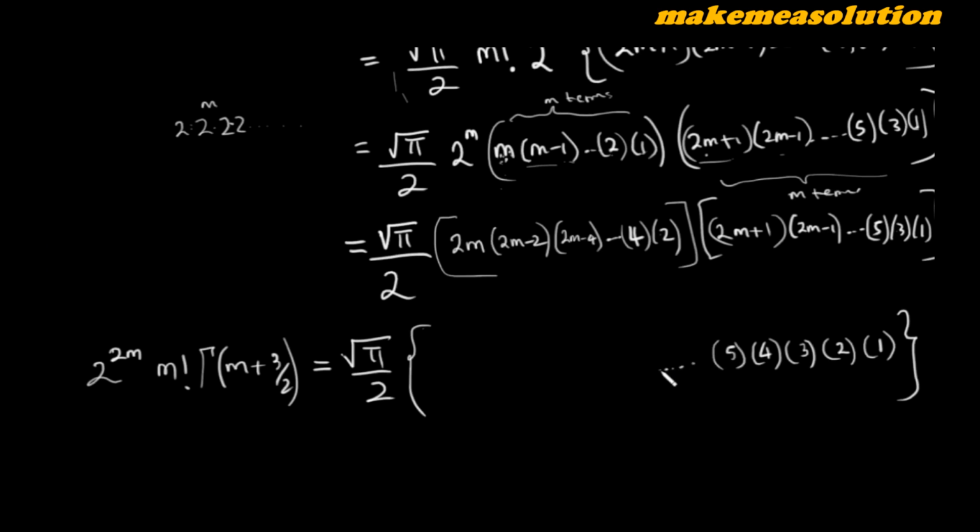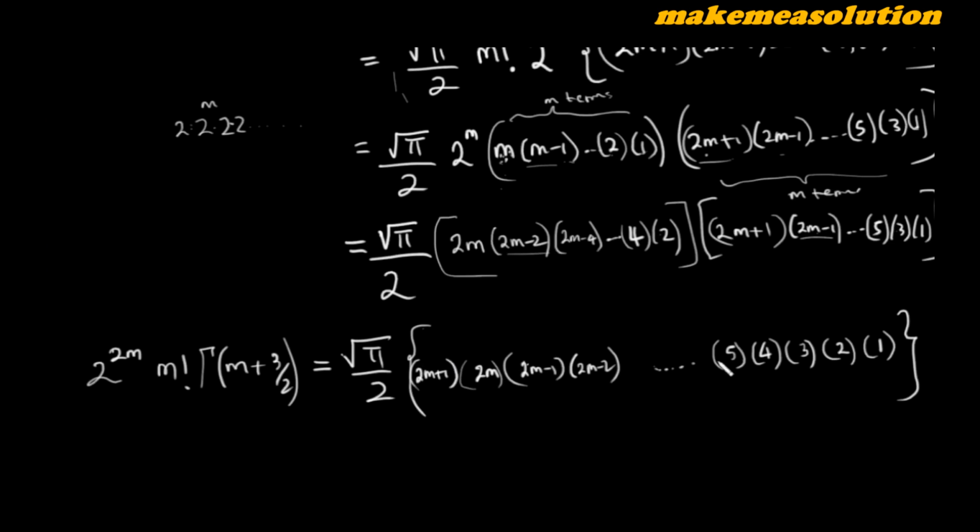I'll keep going like that. 2m minus 1 comes first, then 2m minus 2, and it will keep going like that. Then from this place we'll have 2m, and finally 2m plus 1.